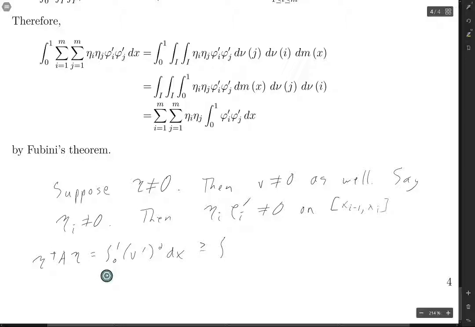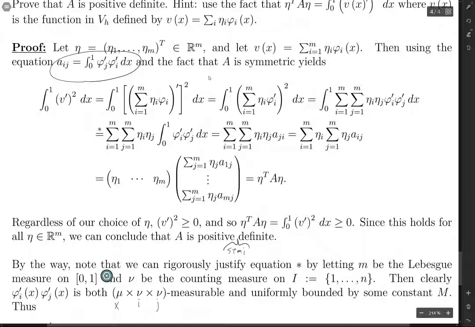This is going to be greater than or equal to the integral from x_{i-1} to x_i of v prime squared dx. But if we look at v prime, v prime is the sum of these things. And these things, because it's being squared, these are all going to be positive.